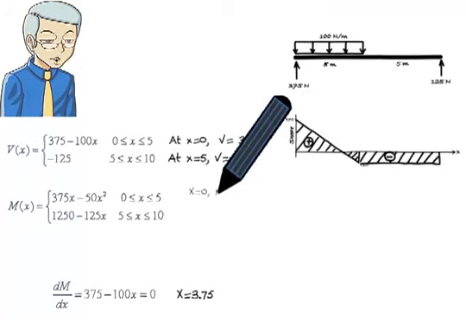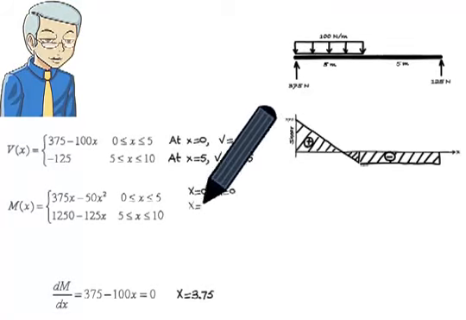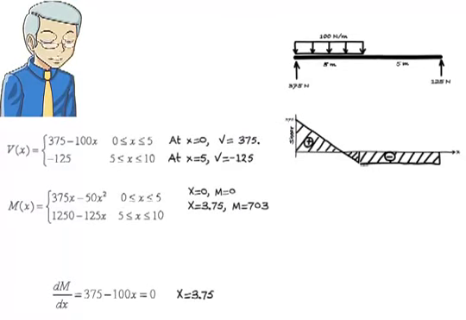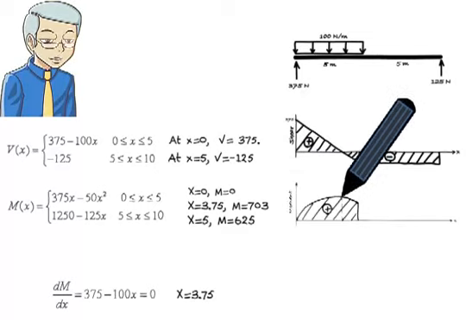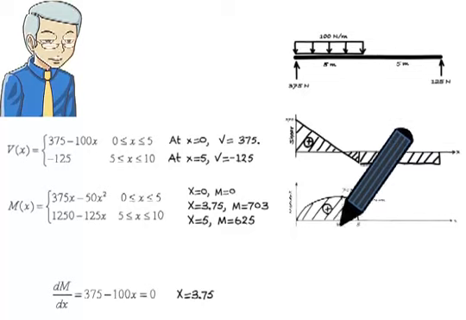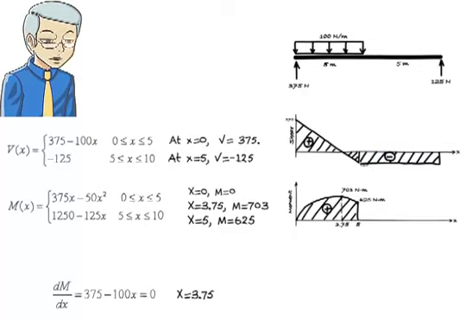At x equals 0, we have M equals 0. At x equals 3.75, we have M equals 703. And at x equals 5, M equals 625. Here's the graph of the quadratic equation. Since the diagram is above the x-axis, moment is considered positive in the region between 0 and 5.